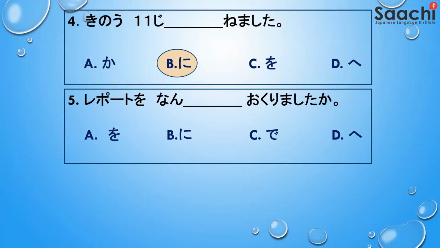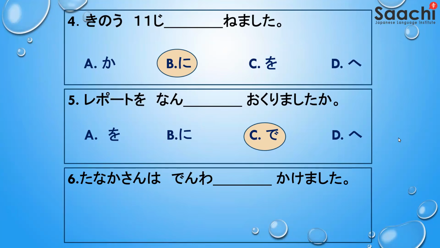Options を、に、で、へ。はい。答えは、何で送りましたか? So the particle で is used whenever you are sending or doing something, the means, the method through what you are doing. So then you use the particle で.